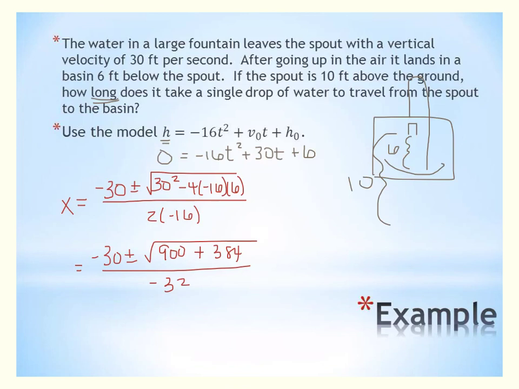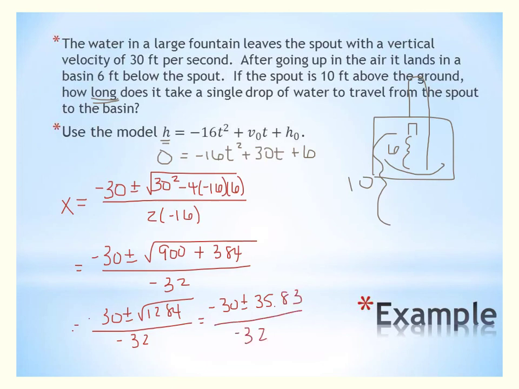which gives me, let's see here, negative 30 plus or minus the square root of 1284, all over negative 32, and in this case decimals would be fine. You're not going to say what square root of a second it took or whatever.